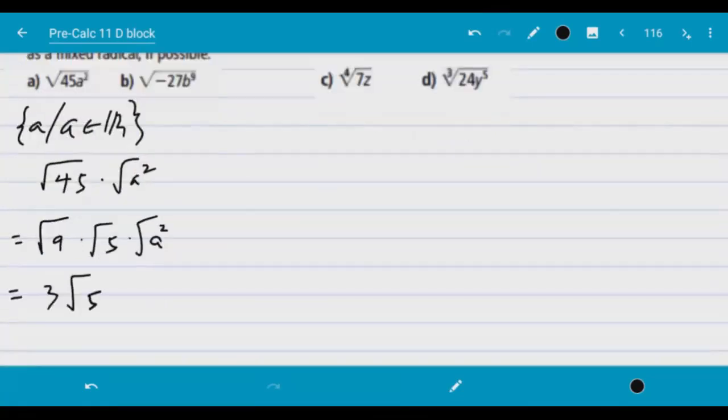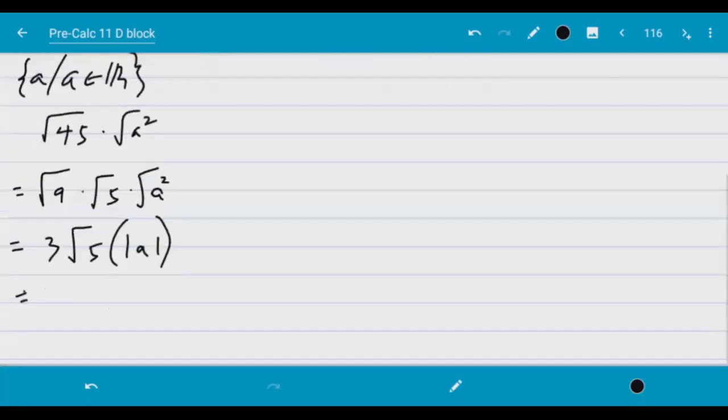Root of a squared is going to be the absolute value of a. Why? Because whatever a is, if a is positive, a positive number comes out. If a is negative, it will still become positive because you're squaring it. So the final answer, when you put them all together, is 3 times the absolute value of a, root of 5.